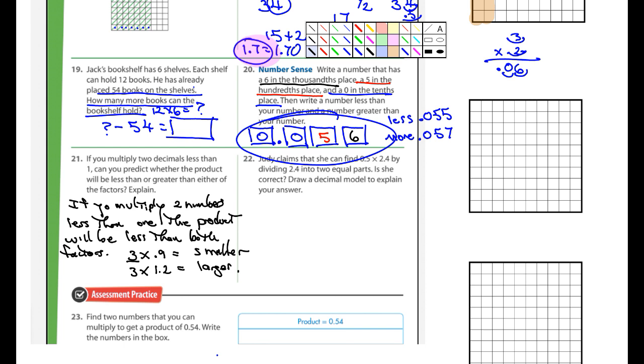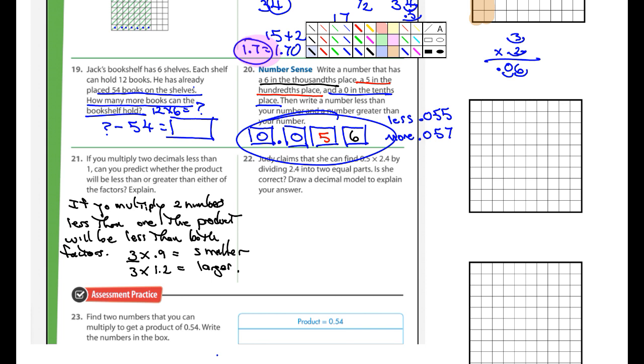Let's look at 22. Judy claims that she can find 0.5 times 2.4 by dividing 2.4 into 2 equal parts. Draw a decimal model to explain your answer.